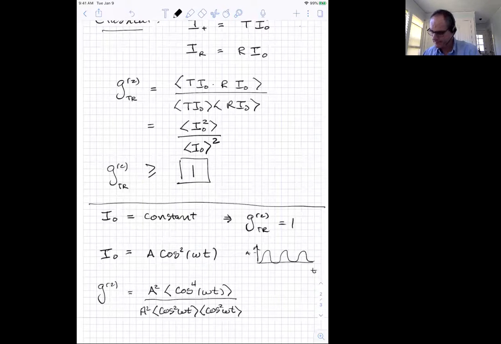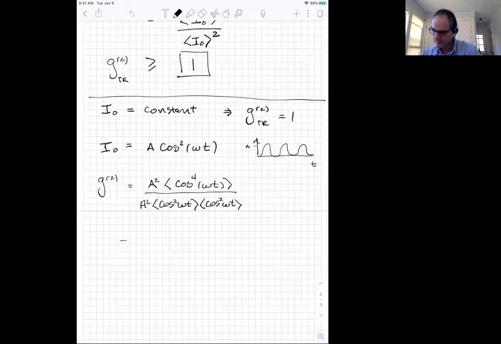Okay? And as you probably can see right away, the average of cosine to the fourth omega t is not equal to the square of the average of cosine squared.